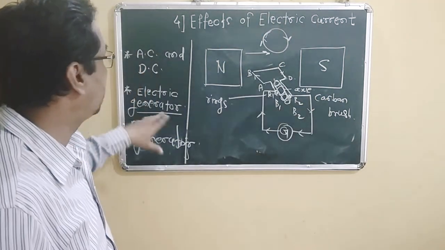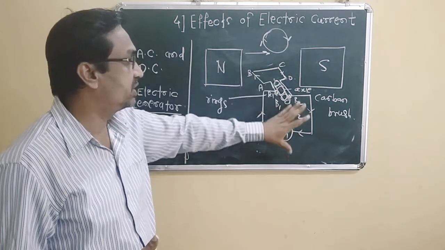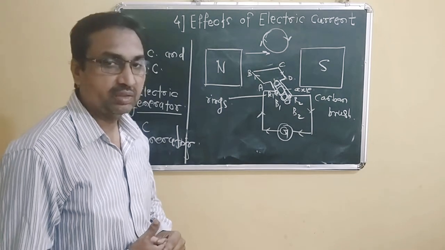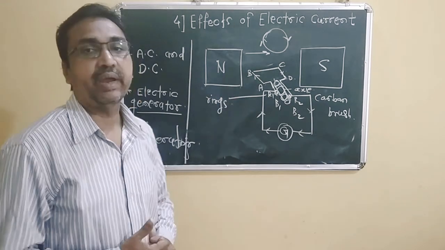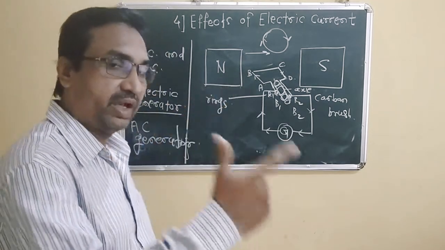These are electric generators, this is how they are constructed, and we have already seen their functioning. The principle behind it is Fleming's right hand rule.